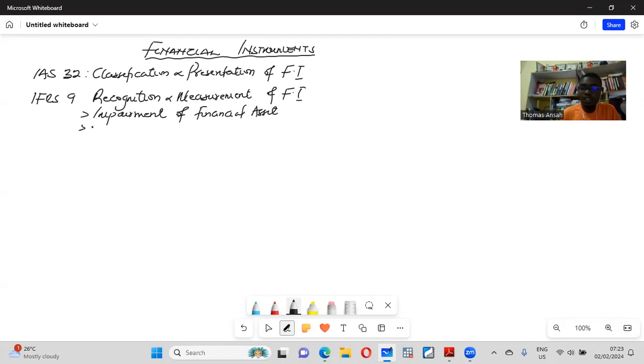And we'll also be looking at derecognition, notably what we've been known to call factoring. So with recourse and without recourse, those concepts are dealt with over there.